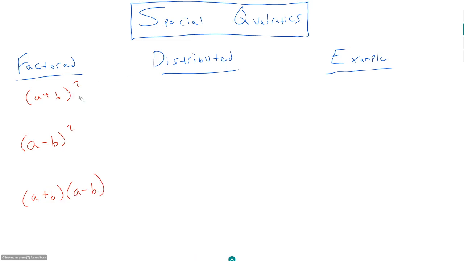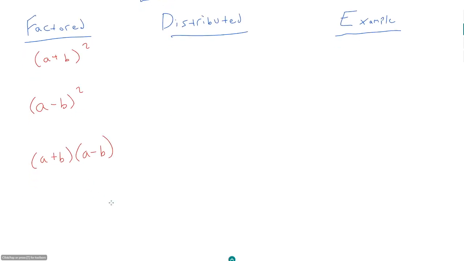And to show you that your special quadratics are no different than any other type of quadratic, let's get our distributed form by FOILing these out, which after today, you shouldn't have to do. So a plus b squared would just be a plus b times a plus b.